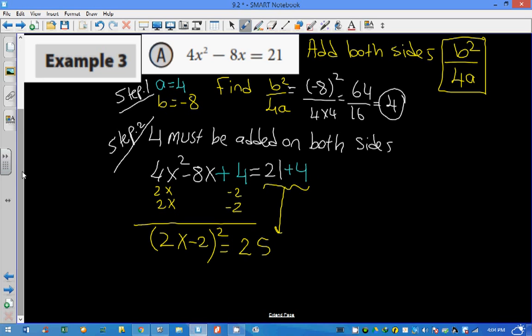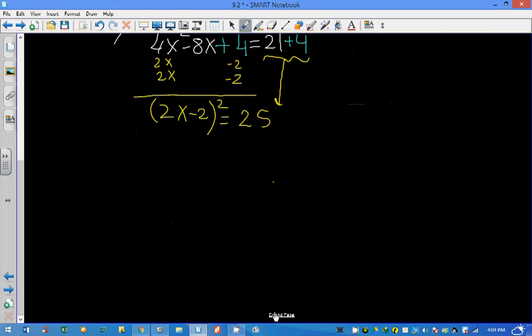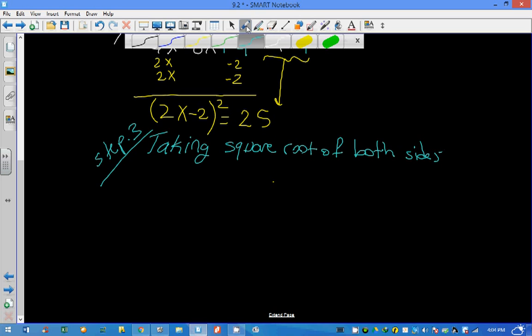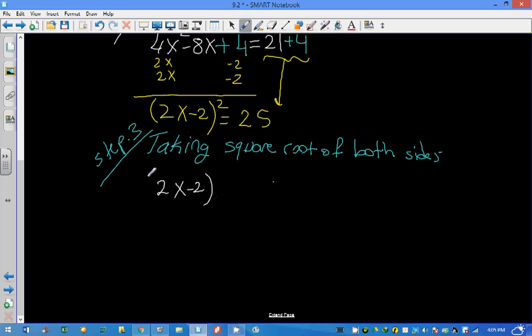And then take the square root of both sides as step 3. Taking square root of both sides, 2x minus 2 to the power of 2 equal 25.